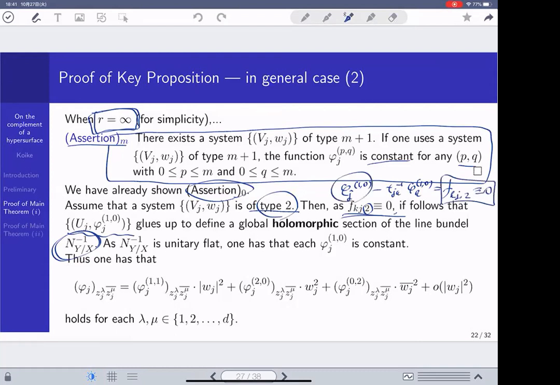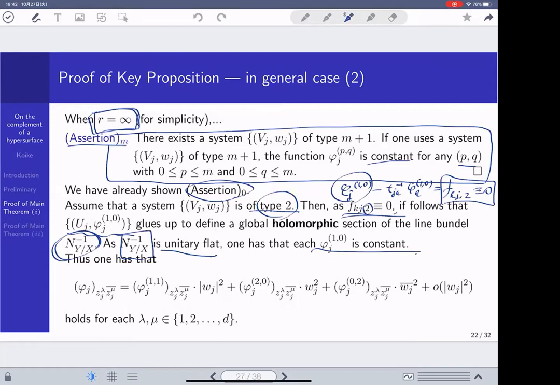So the phi_j10 glue up to define a global holomorphic section. Holomorphy is shown in the lemma. And now the conormal bundle is unitary flat. So it is a global holomorphic section of a unitary flat line bundle, so it is a constant function.